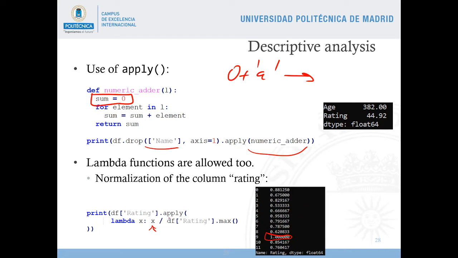To transform the range to 0, 1, we need to subtract the minimum of the list and divide by the maximum minus the minimum. Here I'm just dividing by the maximum. I'm skipping this part. So the maximum will be 1, but the minimum will not be 0, it will be a little bit greater than 0.